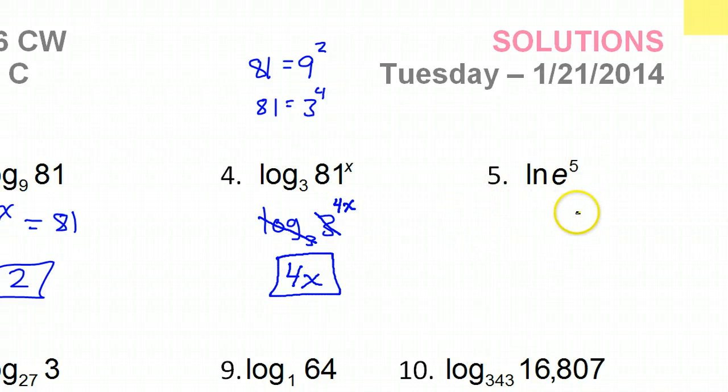Okay. Now, similarly on this one, natural log. They don't show the base, but it's always an invisible base e. So what we have is log base e and a base e. They undo each other. And so we're just left with 5.